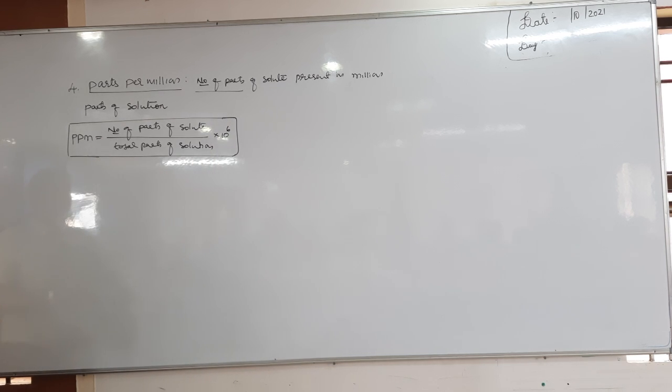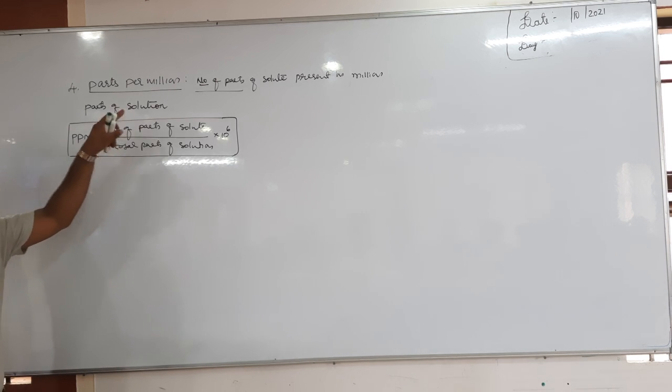Write down parts per million, number of parts of solute present in million parts of solution, called parts per million. Okay, then where is this method used? See here, it is the number of parts of solute in million parts.